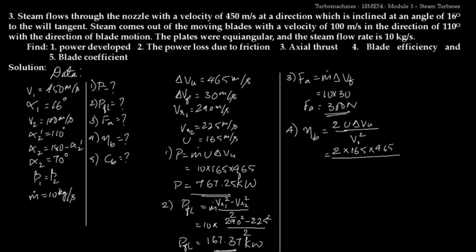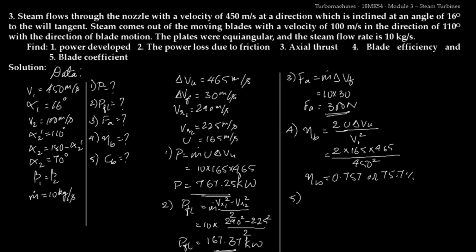V1 is 450 square. This is around 0.757 or 75.7%. That is the blade efficiency.